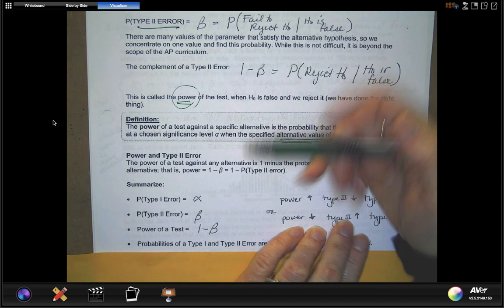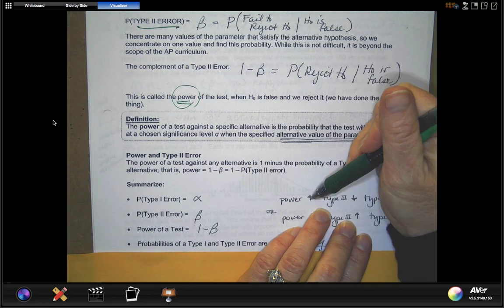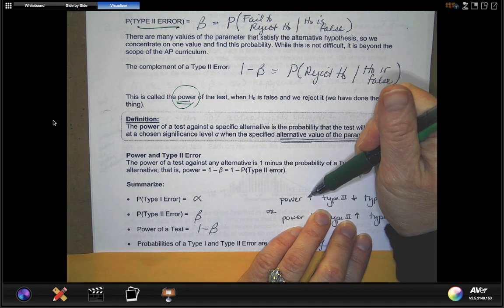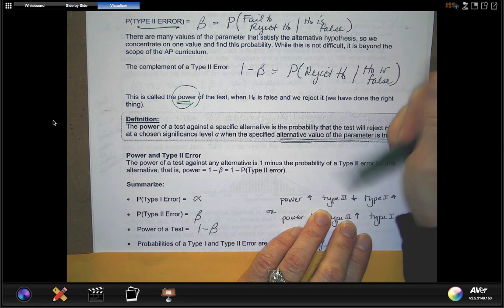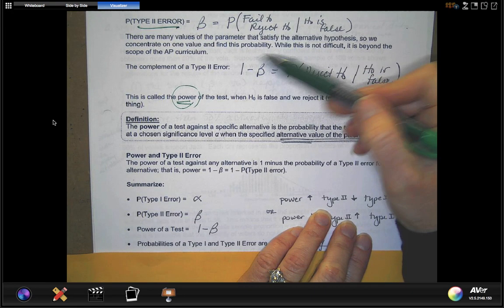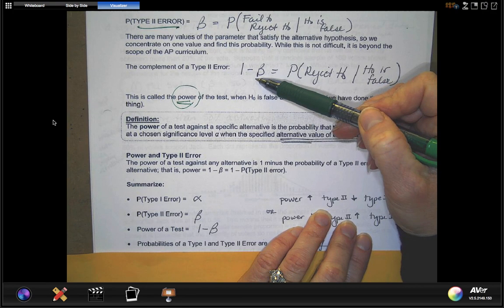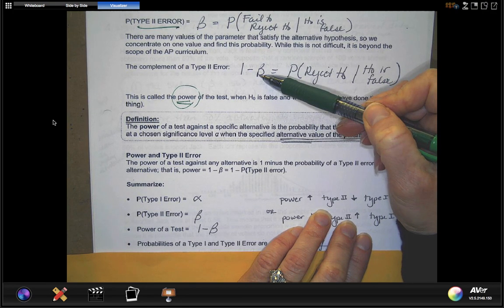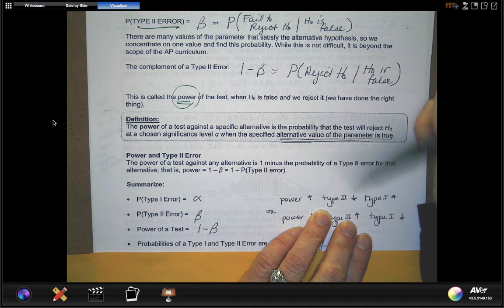Over here, I'm going to make a little chart. As your power goes up, your type 2 has to go down. If this answer is bigger, the only way I made that bigger was by making this smaller. But if I made this smaller, then I increase my type 1.